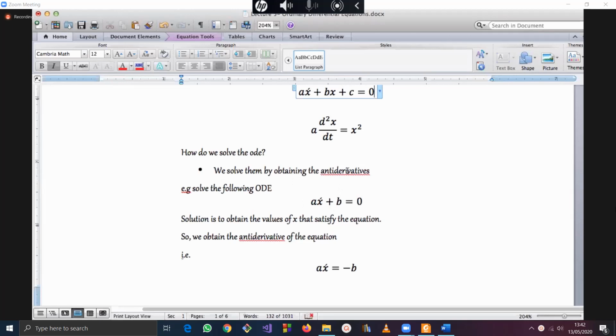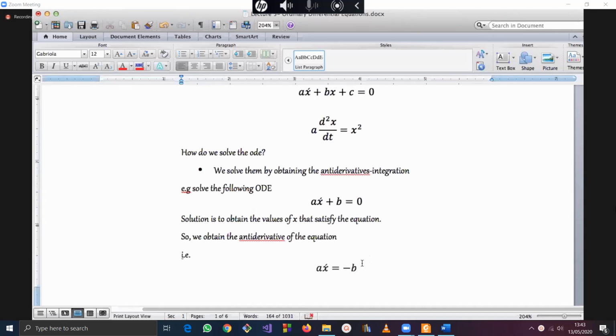We have to find the antiderivative, which is what we call integration. I think that's what most of you are familiar with. So an example: solve the following ordinary differential equation. Here, to solve is to obtain the values that satisfy the equation given.